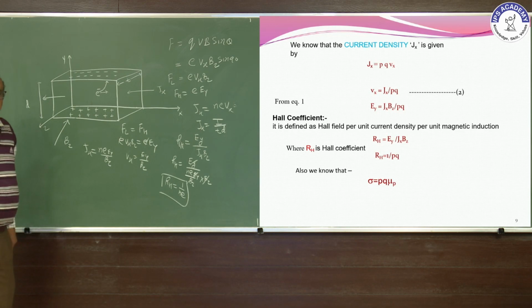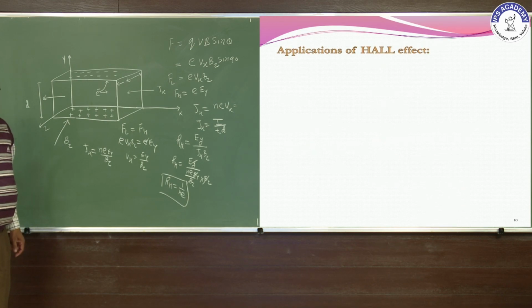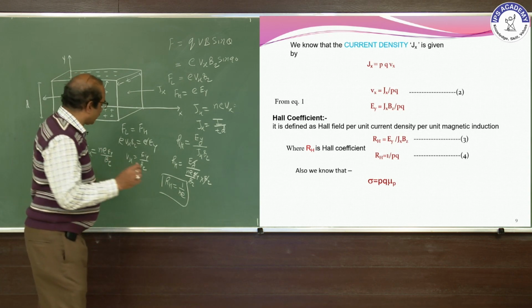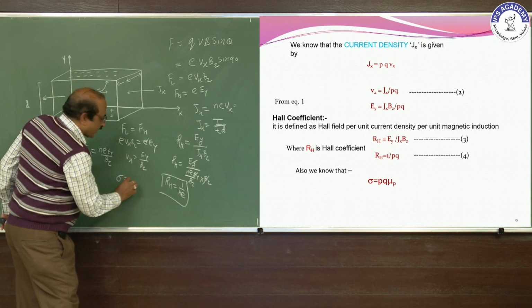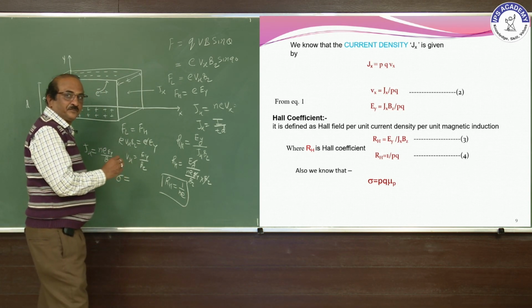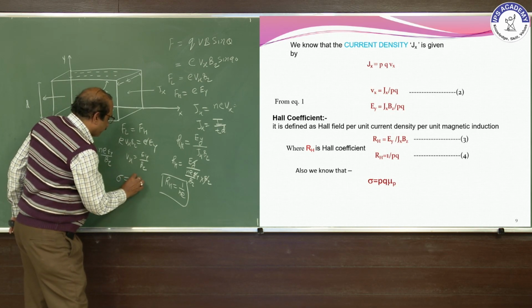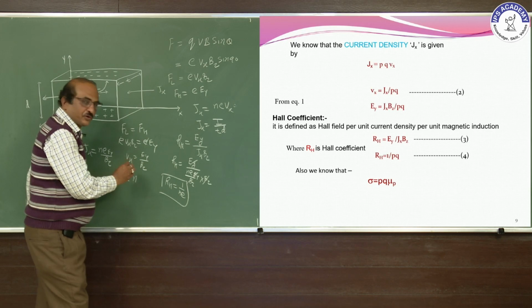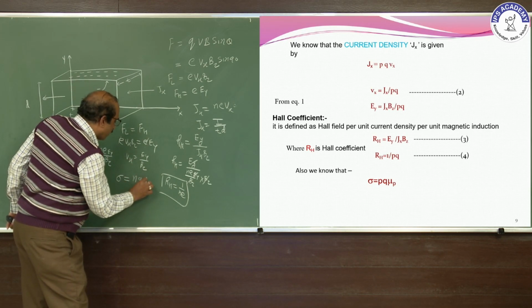On that basis, we also estimated conductivity. Conductivity sigma is the concentration of charge carrier, charge q, and mobility.